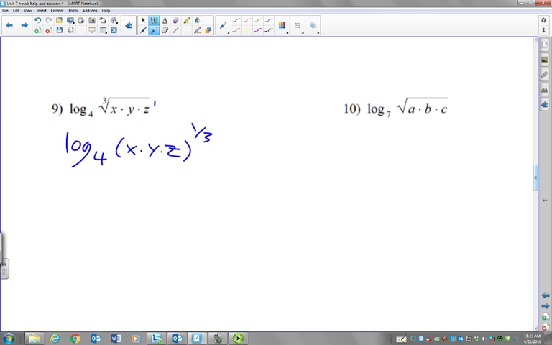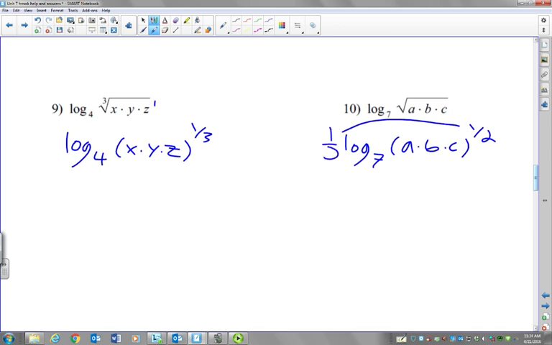Number 10, you want to make this to the half power, right? Make it to the half power. So log base 7 of a times b times c to the 1/2 power, and you could multiply all those through. So a has a half, b is a half, c is a half. That's fine. We could do that. Or you could just bring the half in front first, maybe.